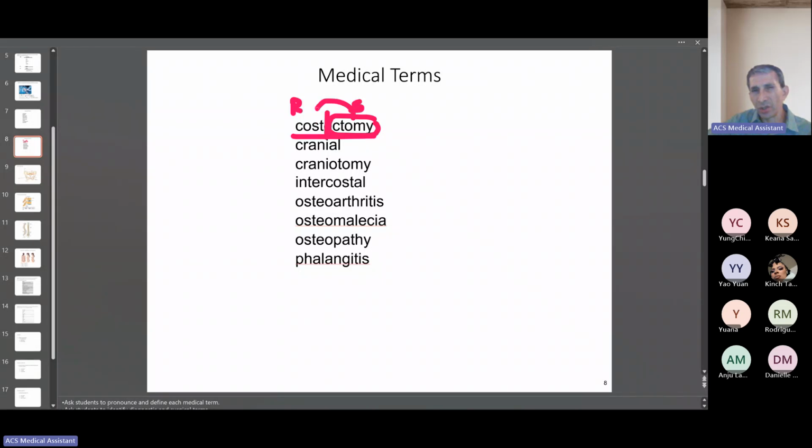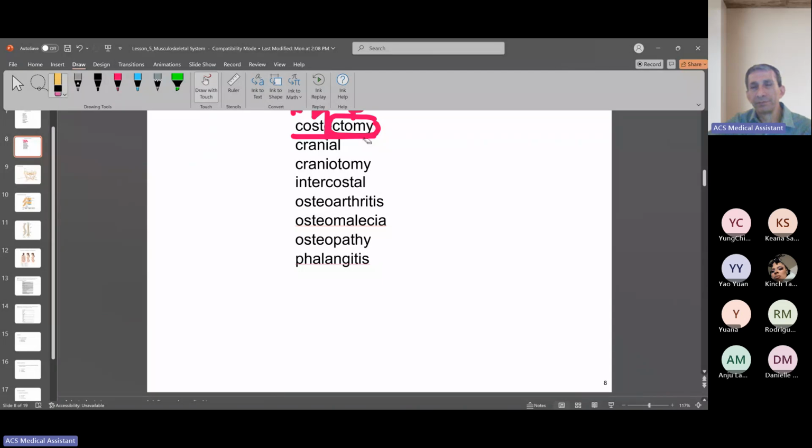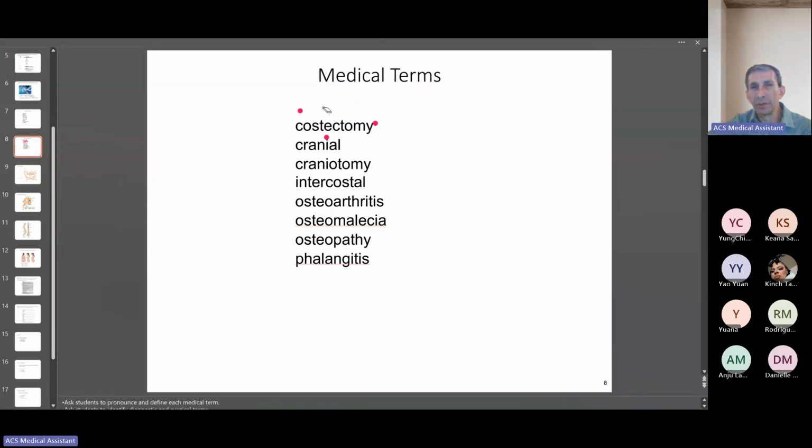So this is the surgical removal of the ribs. Oh, I'm sorry, the ribs, not the wrist. Ribs. So we can remove the ribs if they are damaged, if they are broken, or if they are causing damage to the soft tissue surrounding the ribs. If it cannot be repaired, it has to be removed.